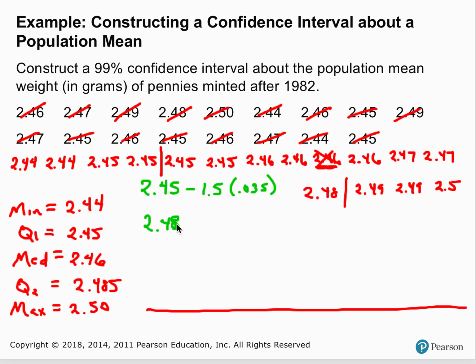Okay, and then it's 2.485 plus 1.5 times 0.035. All right, so let's see what we get. 2.45 minus 1.5 times 0.035. This is 2.3975.